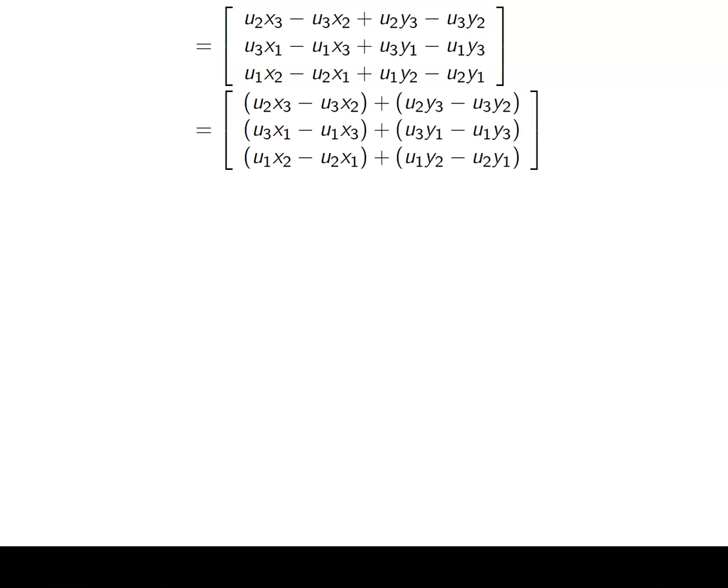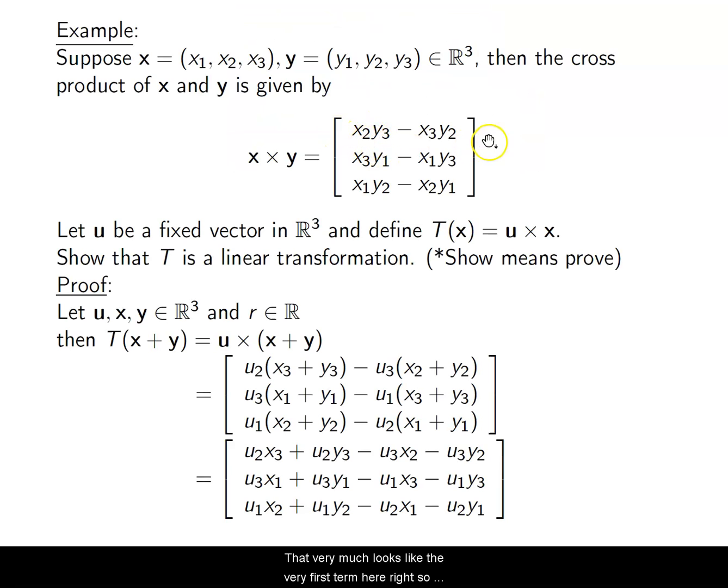All right. So now, even though they are separated, I'm going to start to put parentheses around things to show that I'm actually grouping them together. So these are actually my x stuff and actually my y stuff, right? And if you look at the terms here with the u2x3, u3x2, that very much looks like the very first term here, right? So just a quick check for what the cross product looks like.